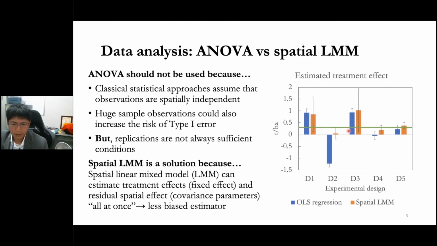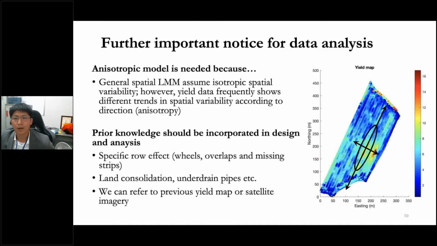So the main point that I'd like to make in this section is that the classical statistical model could give you wrong estimates more frequently and even result in an adverse scenario like design 2. Here I present a further important notice for data analysis.